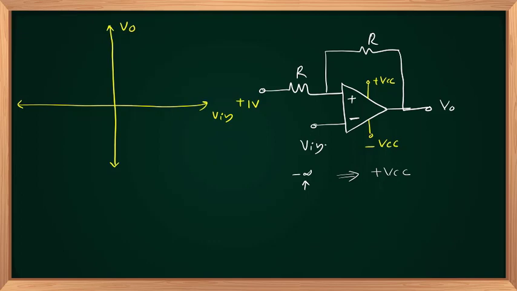Extreme negative value here implies this is the least value, a negative input. So V plus will be more than that. So output will be at plus VCC. So I will have a positive VCC here, right?